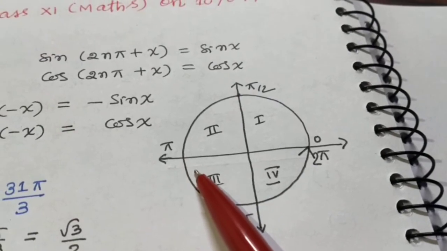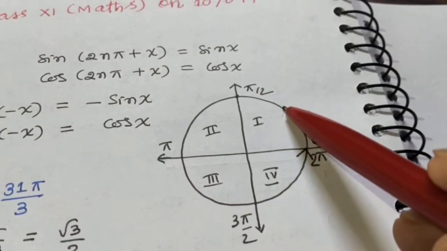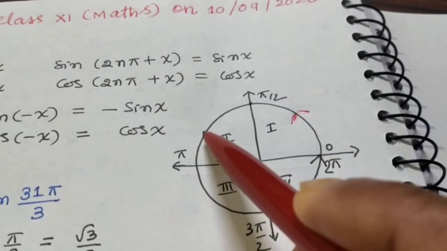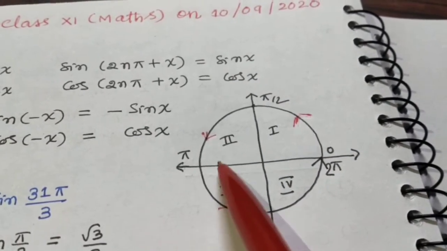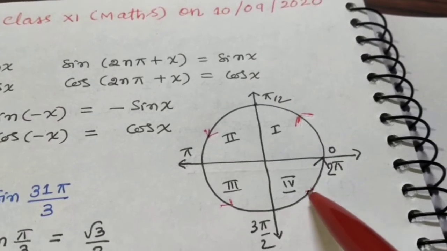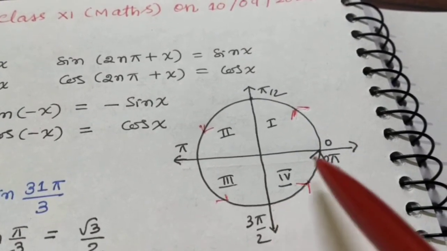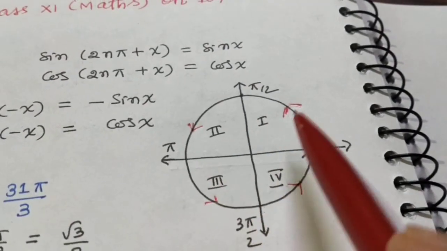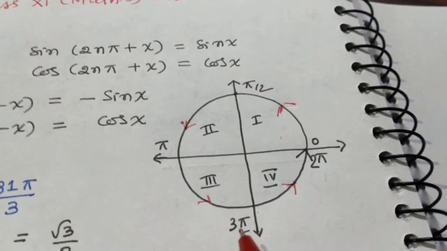Then it enters anti-clockwise, I am talking about anti-clockwise, into the third quadrant, 180 to 270 degree, and then finally into the fourth quadrant, 270 to 360 degree. There are 4 quadrants: first, second, third, and fourth, right?